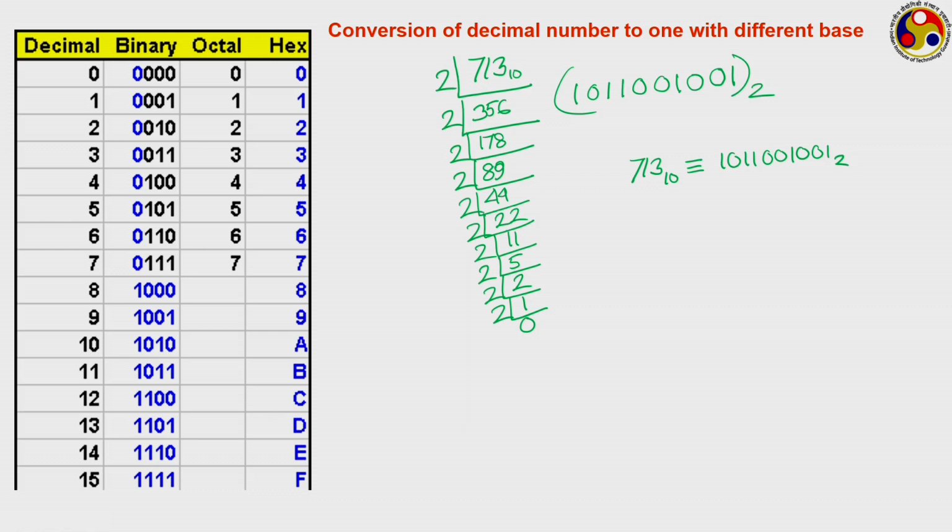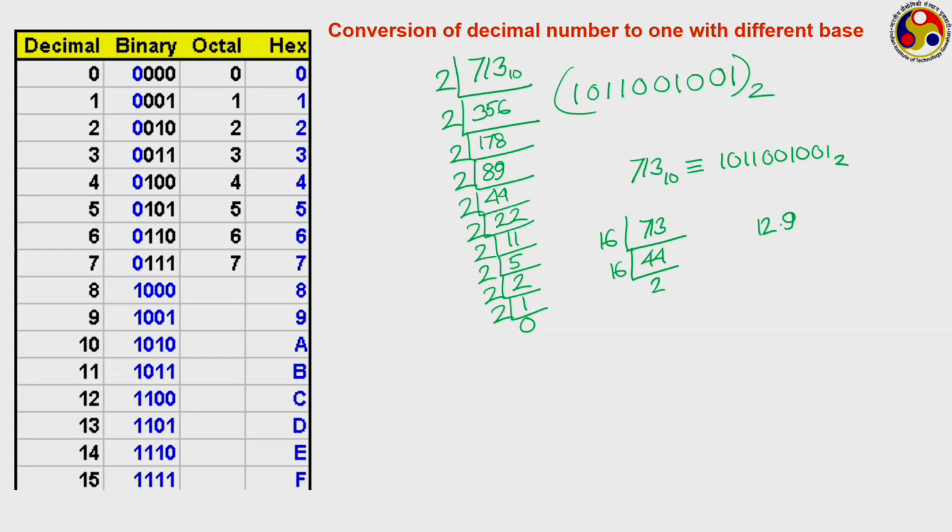We can get anything else also in the same format. Let us see if we want to get the hexadecimal equivalent for this. So, 713 we divide by 16. If we divide by 16, then what we are going to get? We are going to have a 44 here, left out is 9. Divide 44 by 16. So, we are having a 2 and 12 left out here.